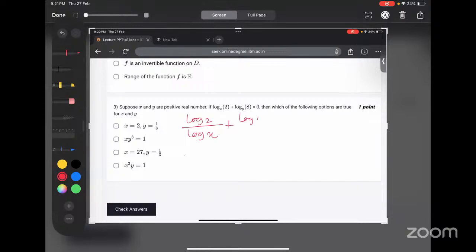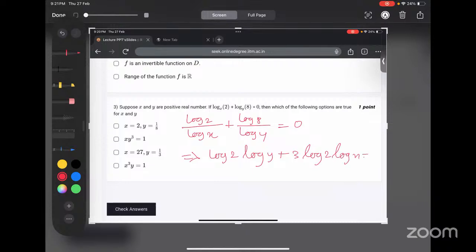Then log 8 by log x. So then we can cross multiply them, right? Yes, madam. So log 2, log y plus log 8 log x, 3 log 2.